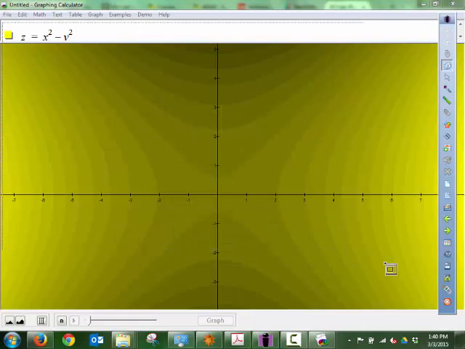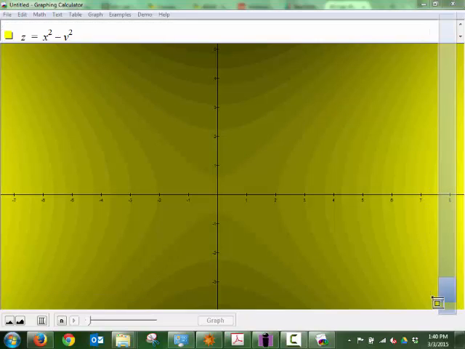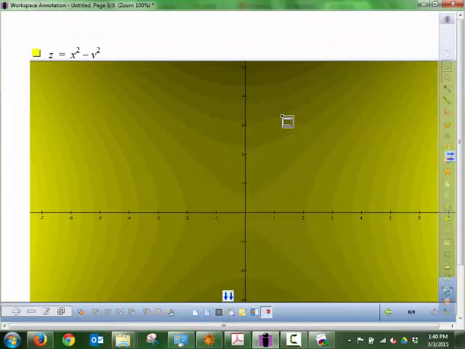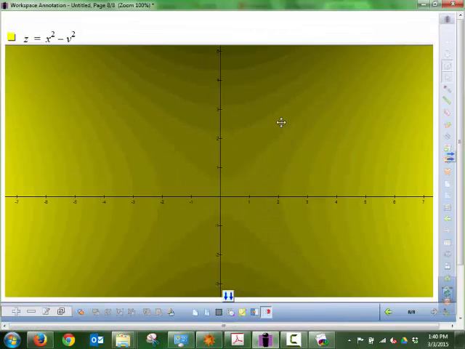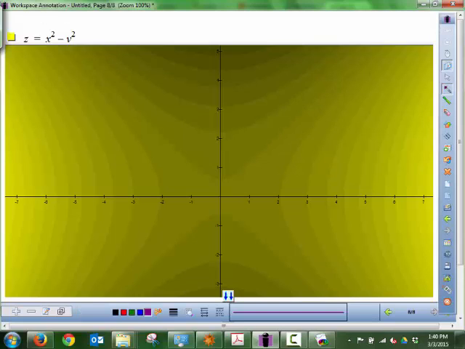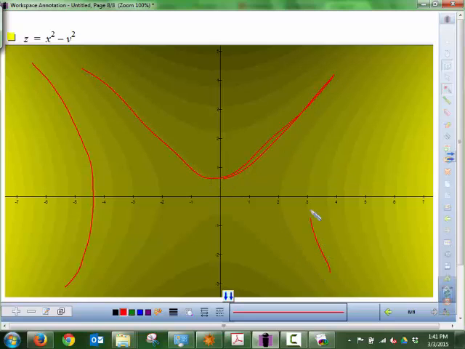There are lines there. I could see it on my computer. It's harder to see here. But there are some lines that exist here.